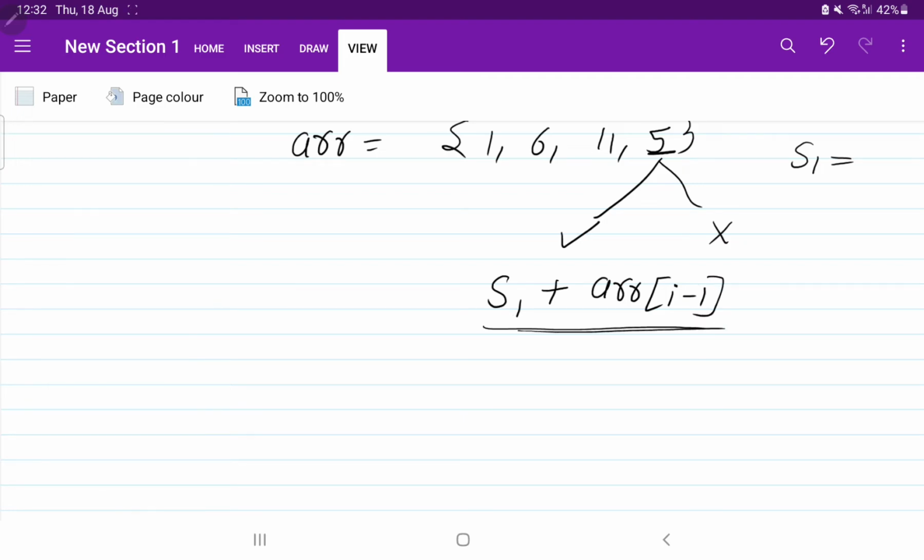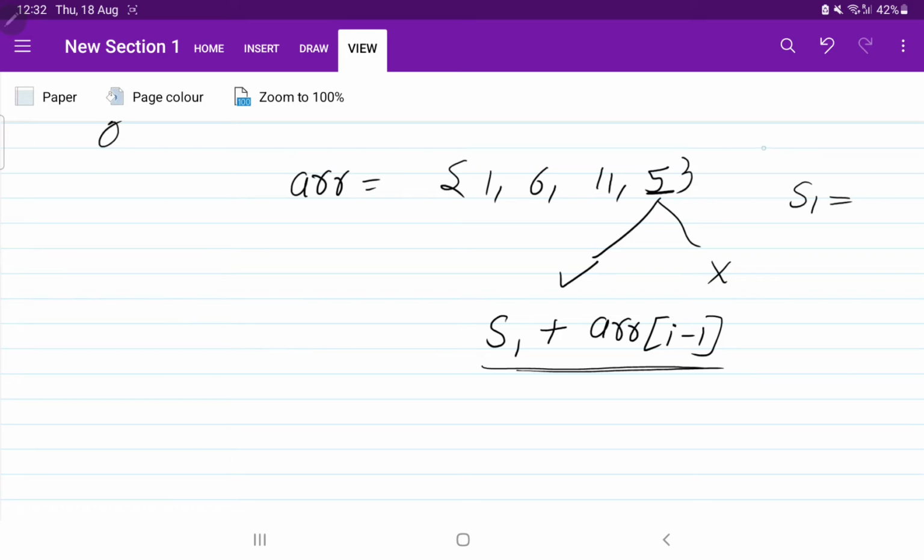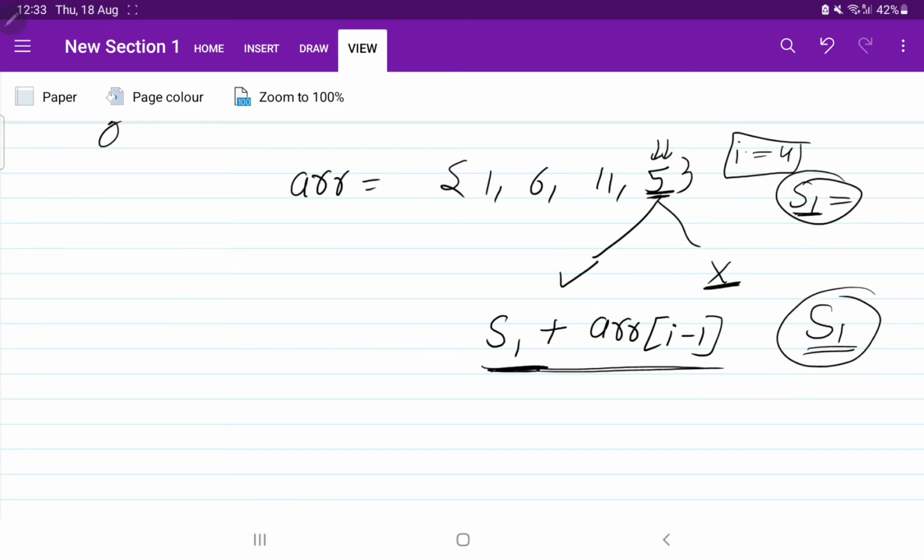I minus 1 is written because I is the size of the array here. If the I value is 4, this is the third position. So if we take a decision on 5 and choose that element, we add that value to subset 1. And if we do not take that element, S1 will be as it is, meaning the sum of the first subset will not be changed. Correct? So this is the decision that we are going to make.